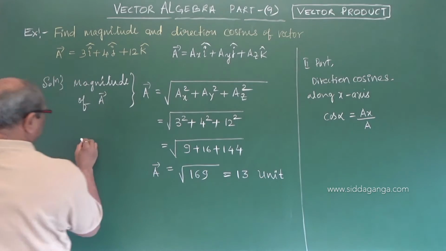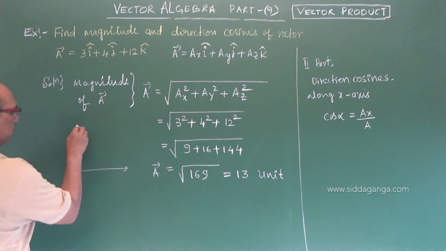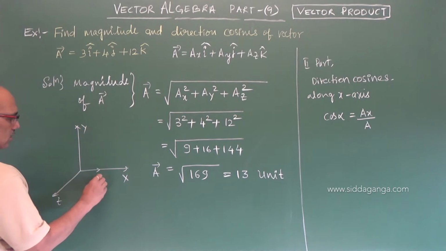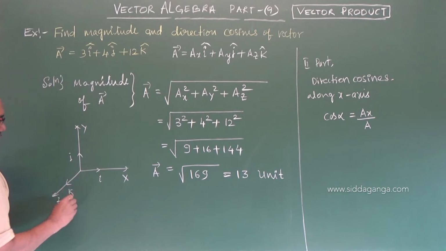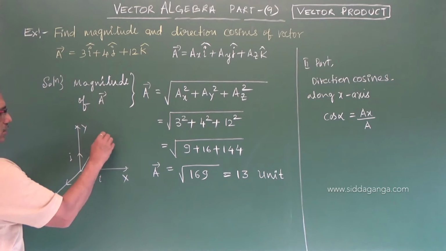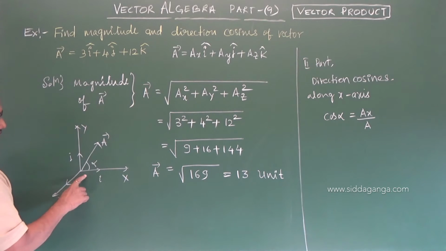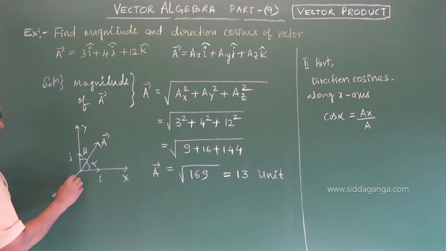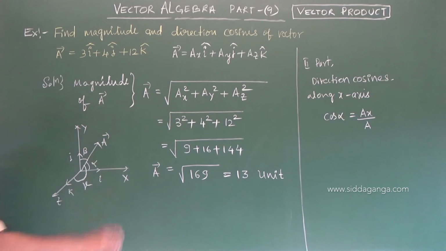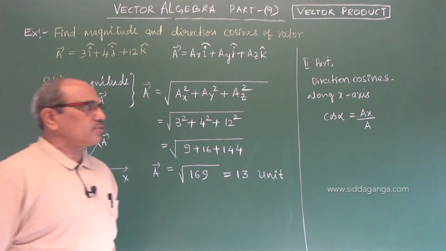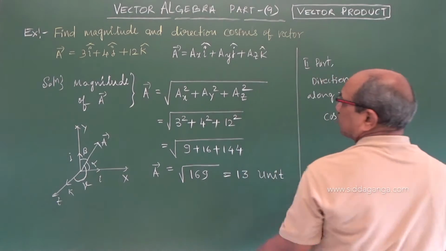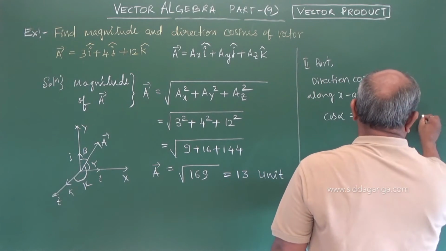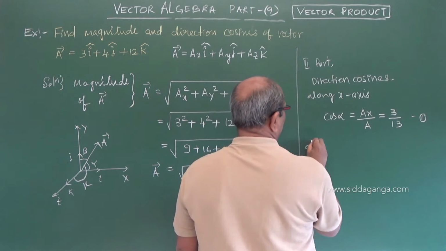You come to know, in the case of direction cosines we discussed, if these are the x, y and z axes, with i, j, k unit vectors, and this is the vector A, alpha is the direction angle for x, cos beta is the direction cosine for y, and this is gamma, the direction cosine for the z axis. Ax by a, ax is 3, so 3 by 13 is what you got, the direction cosine along the x axis.